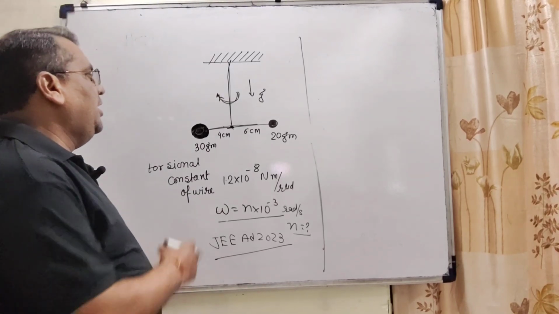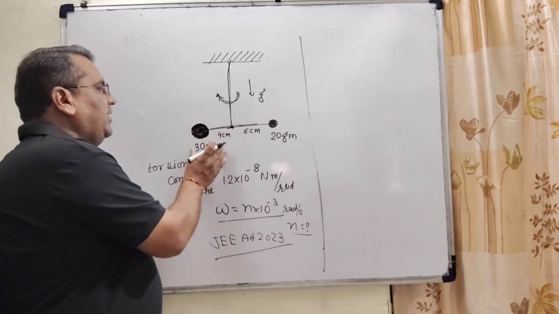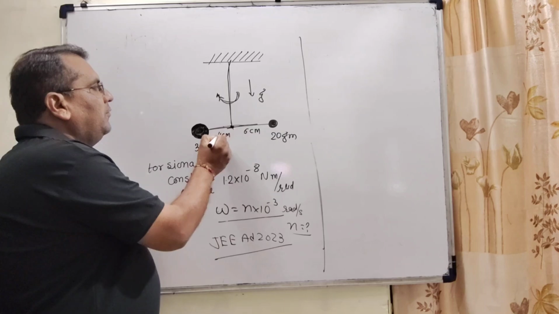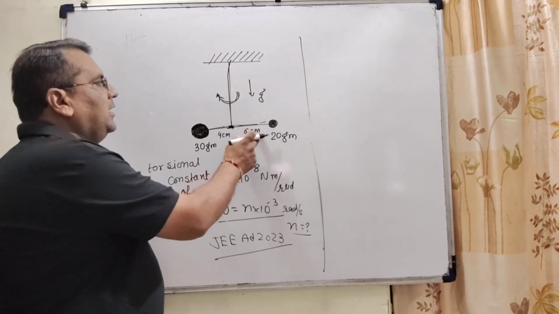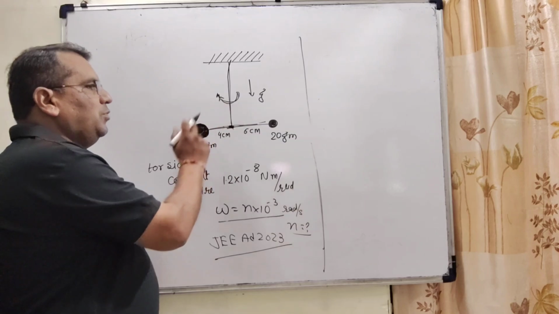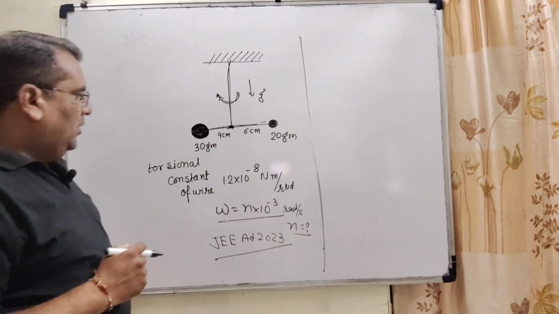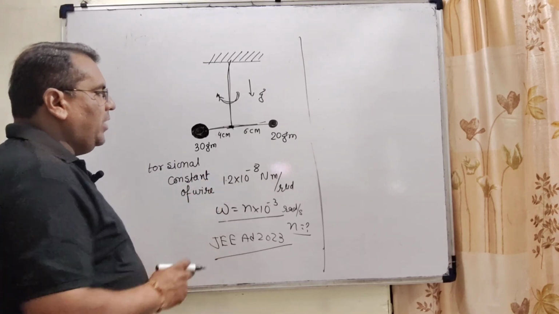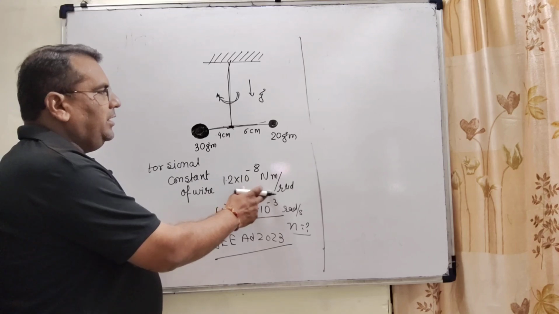What does the question say here? We have a system of two point masses, 30 gram and 20 gram, which are 4 centimeter and 6 centimeter away from the center of the rod, and it is moving in rotational motion. The torsional constant of the wire is given, 1.2 × 10^-8 Newton meter per radian.